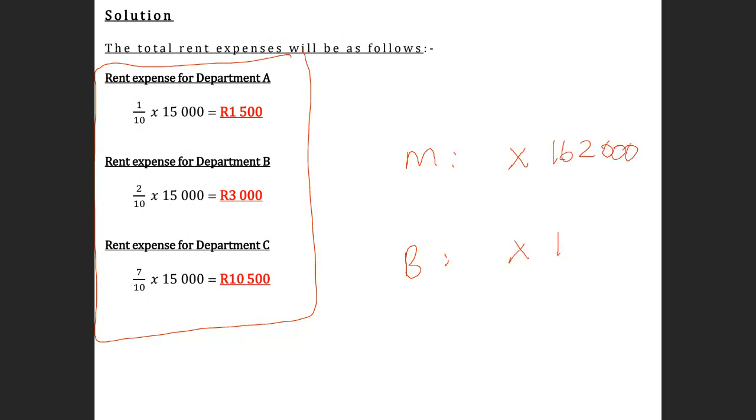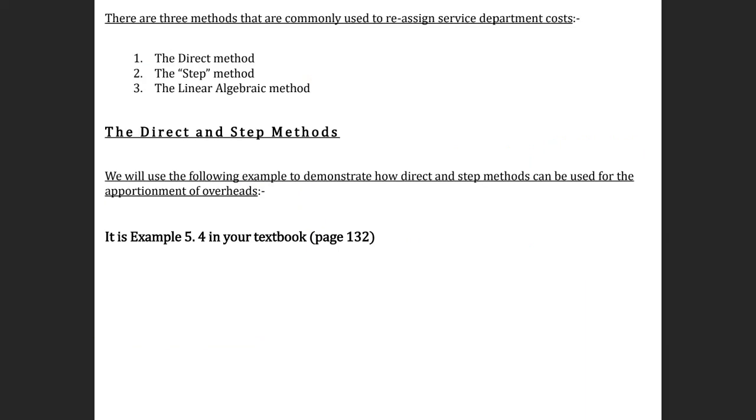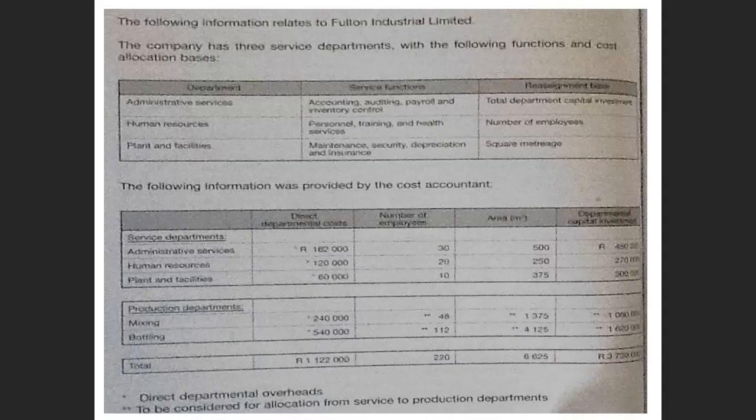So once we create the ratio, we will then multiply it by the 162,000, just like we multiplied by the 15,000 Rand rent here. So let's now create those ratios. How we create the ratios is using the information at the top in this column and this column. Remember, you don't need this column in the center.